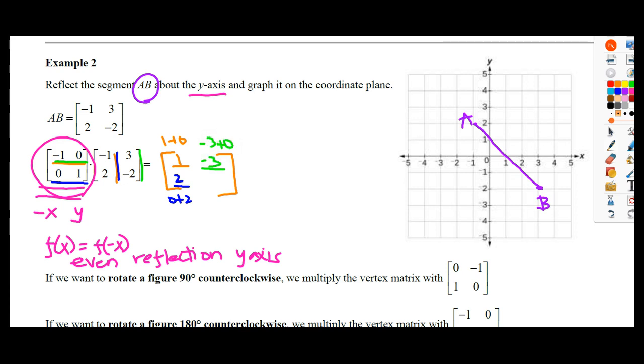And last, this is 2, 2. So 2 and 2. Oops. 3, 0. -2. So -2. Right, so 1, 2 is here. That's A prime. And -3, -2. That's B prime. This is the new point.